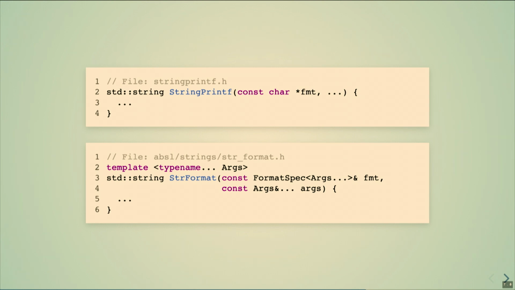StrFormat, on the other hand, this format spec thing doesn't particularly matter, but the important part is that the arguments are passed by const reference. And it's important that they're passed by const reference, right? We said that they take strings directly. We don't want to be copying the string every time just to read out of it. We really want to be passing those by reference for performance.